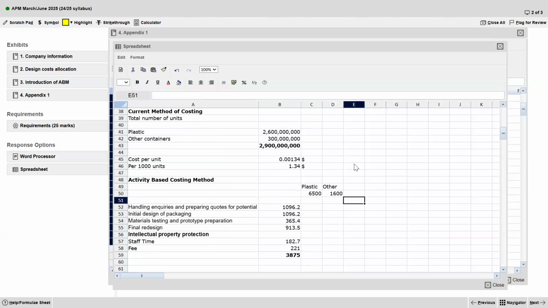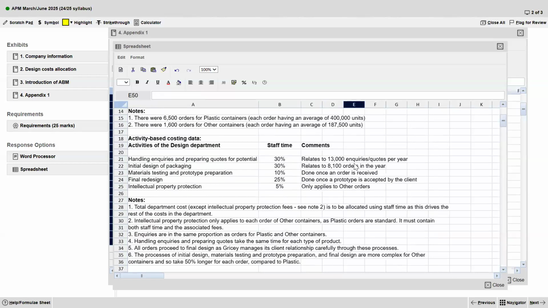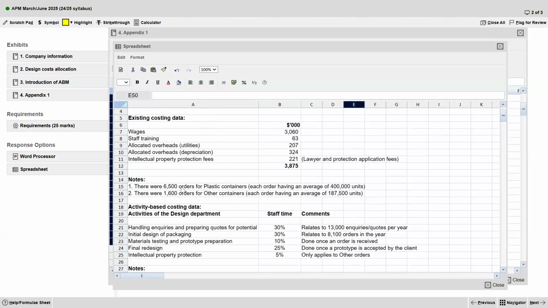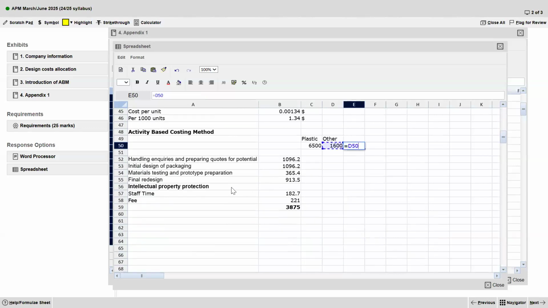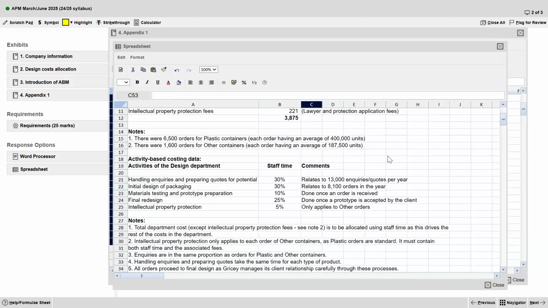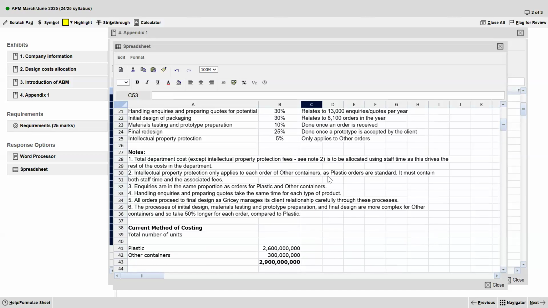The sum of these is basically 6,500 orders plus 1,600 orders, 8,100 orders. So the proportion is this over this. It is actually going to be this into 13,000, equals this multiplied by this much. Now initial design and packaging relates to 8,100 orders in the year.